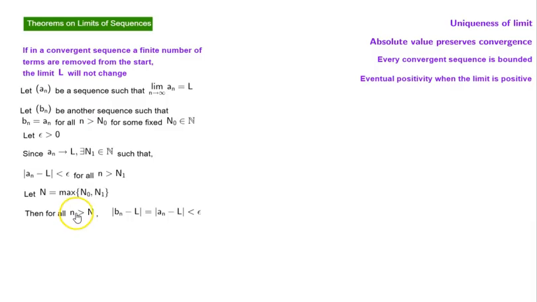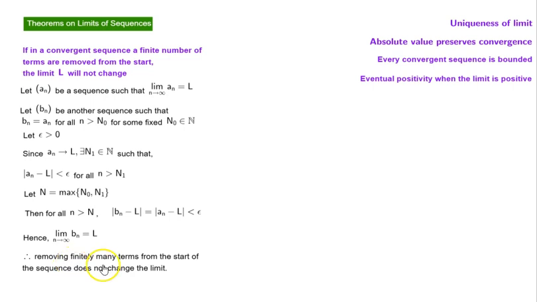Then for all n greater than N, we have the magnitude of B sub n minus L is equal to the magnitude of A sub n minus L, which is less than epsilon. So hence the limit as n goes to infinity of B sub n is also equal to L. Therefore, removing finitely many terms from the start of the sequence does not change the limit.